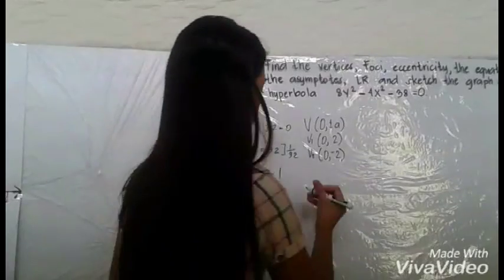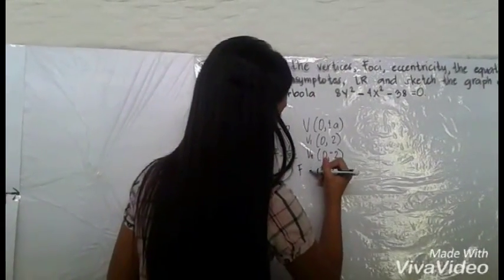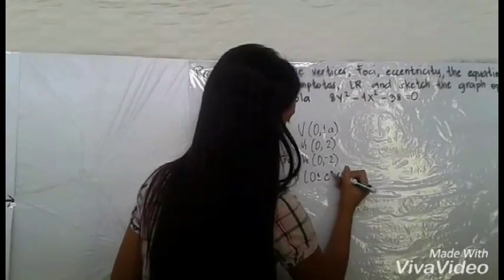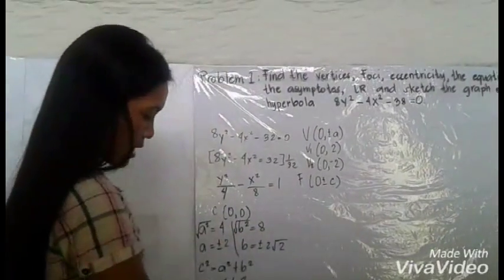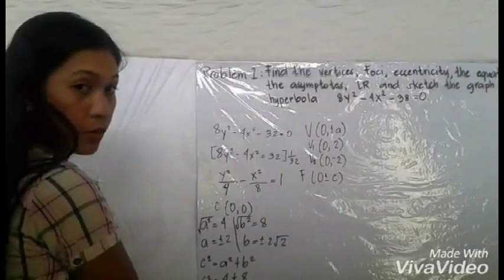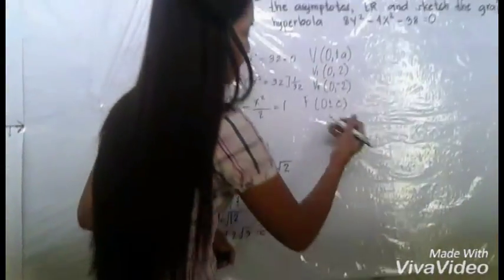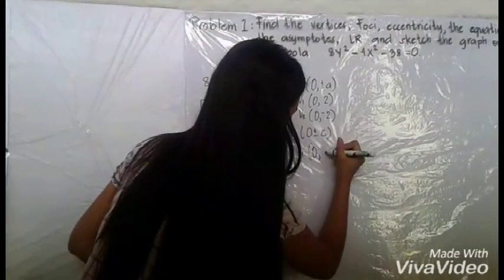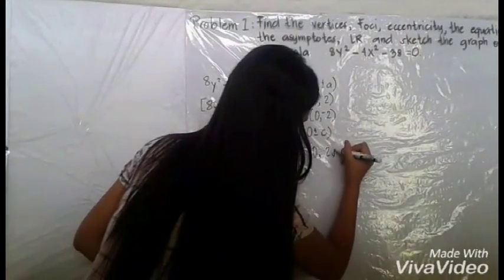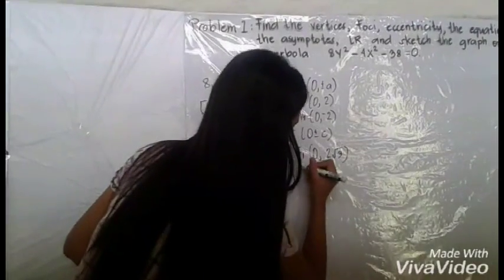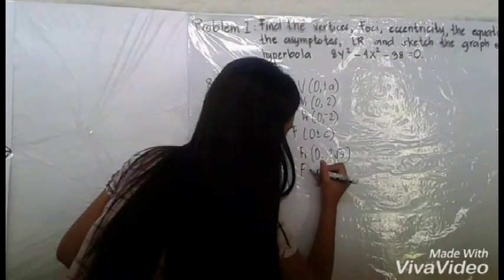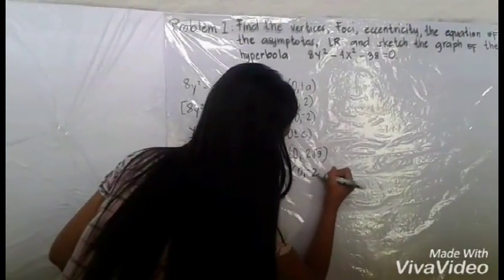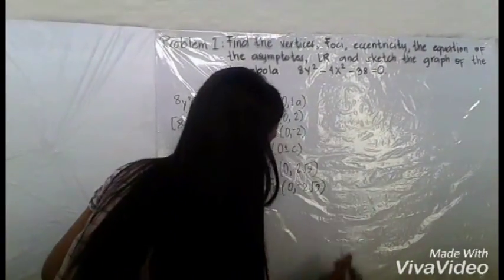And to find our foci, we have 0, positive negative c, and the value of c is positive negative 2 square root of 3. So our focus 1 is 0 and positive 2 square root of 3, and our focus 2 is 0 and negative 2 square root of 3.